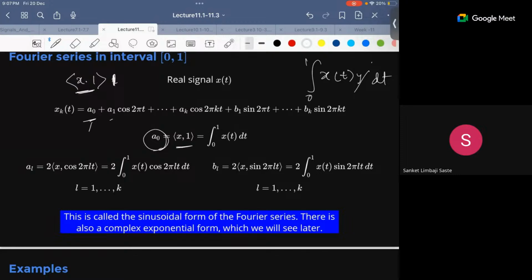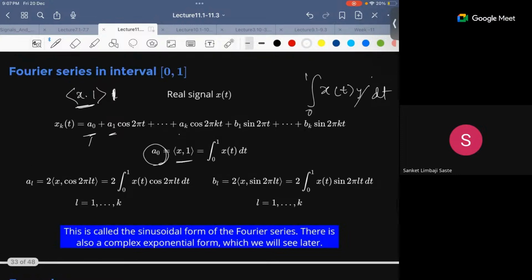Similarly, you can calculate each of the values a1, a2, a3, a4. That was the concept behind it, or you can directly memorize the formula itself, okay? Because in the exam, if you are asked to calculate the Fourier series, the whole expansion will be given to you. You have to calculate only the coefficients.